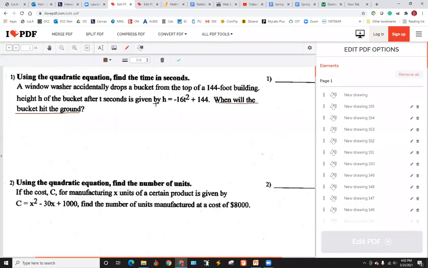So height, when it hits the ground, means h is equal to 0. So replace that. See if you can solve that.